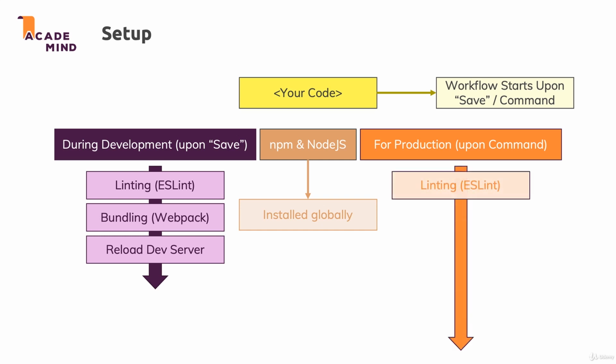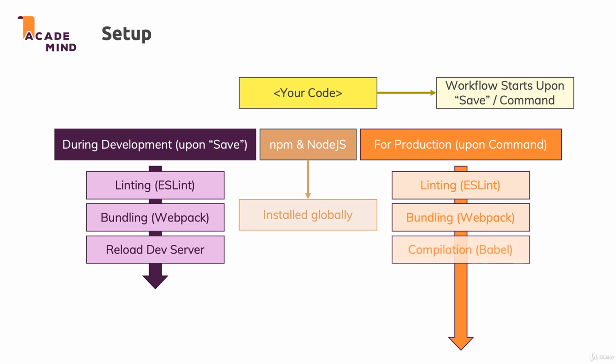And that, in a nutshell, would be what we want to do when we develop and when we changed our code. Now, during production, we still might want to lint, but we're doing this all the time during development, so this kind of already should have been done by this point. But of course, we also want to bundle our code with the help of Webpack. We still want to ship a couple of files instead of dozens of files. Now, however, we also want to compile our code to translate it from modern JavaScript to JavaScript that runs in older browsers as well.